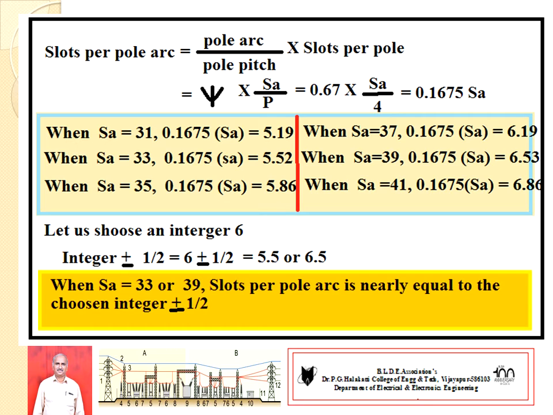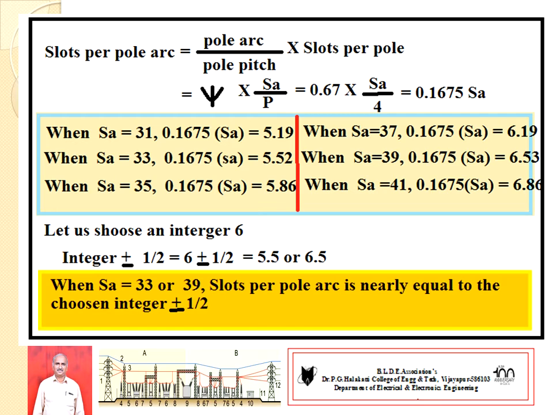In similar fashion, you proceed. When SA equal to 33, what is the value? Up to all values starting from 31 up to 41, you make the calculations. Then later on, you can observe which value you are going to get integer plus or minus half, that means 0.5.